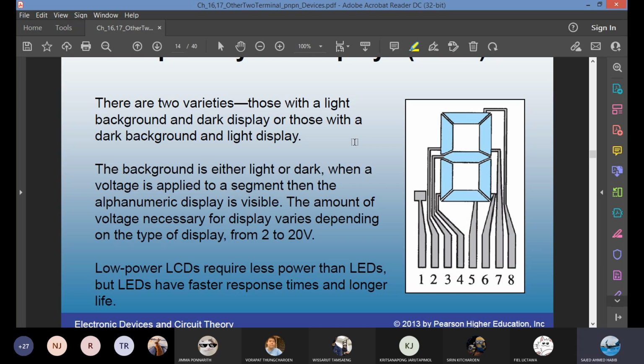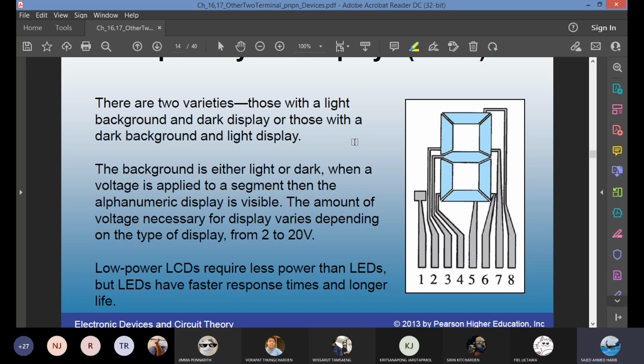Let's say you compare LCD required power with LED required power. LCD needs lower power, typically microwatts, 10 power minus 6. For LED, the power will be milliwatts, 10 power minus 3. So LCD can require 1,000 times less power than the LEDs.